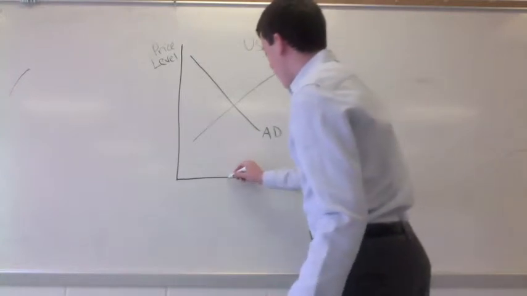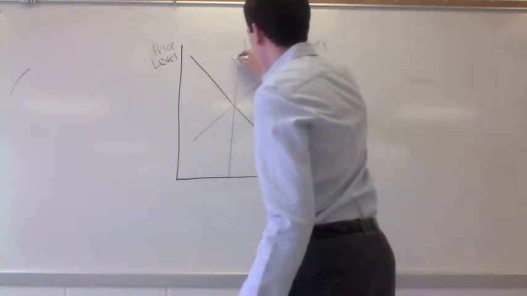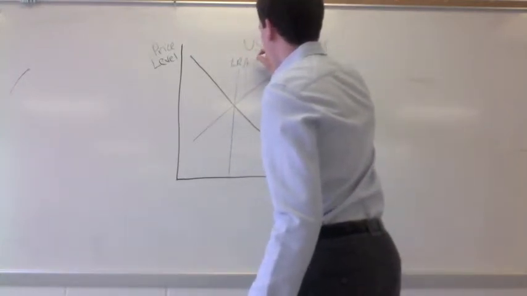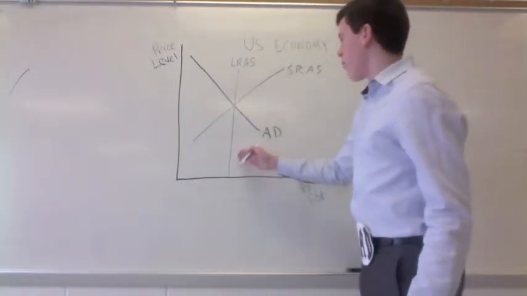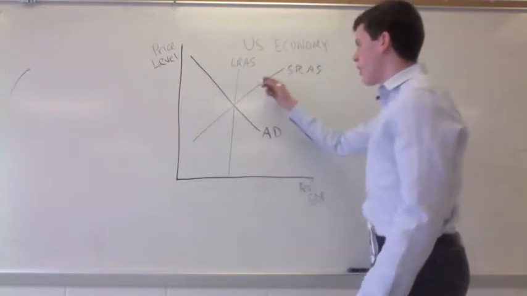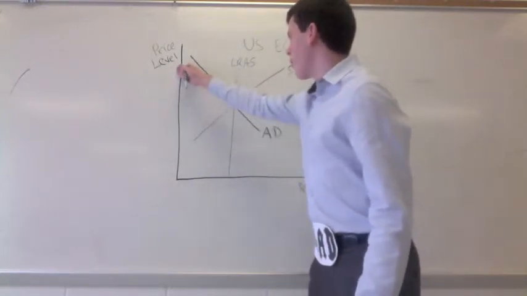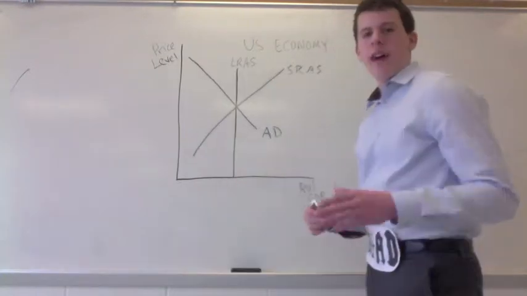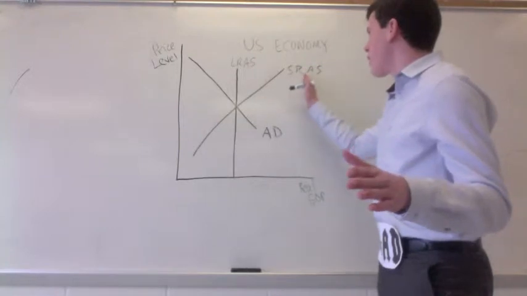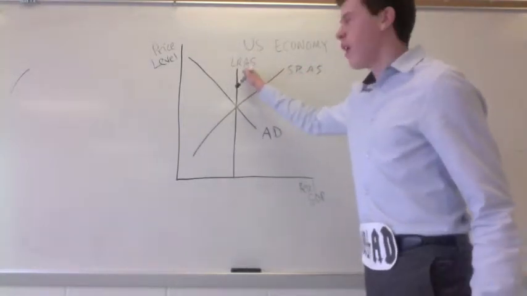And finally, we have the long run aggregate supply curve. The long run aggregate supply curve is a vertical line because it shows that no matter what the price level, real GDP remains the same. Now let's go over the concept of sticky wages, which can help us explain the difference between SRAS and LRAS.